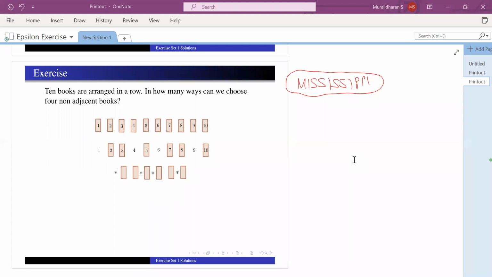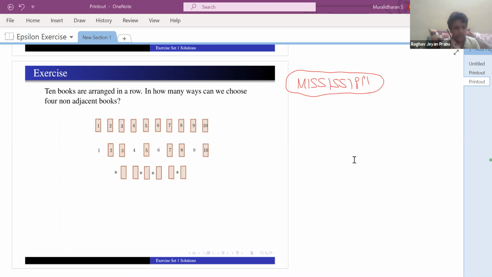Okay, Raghav. My method is a bit similar to Parth's method. I took the 4 books which are not to be kept adjacent and named them A1, A2, A3, A4, and the other books B1 till B6. Between B1 and B6, I kept empty slots, and before B1 and after B6, I kept 2 more slots.